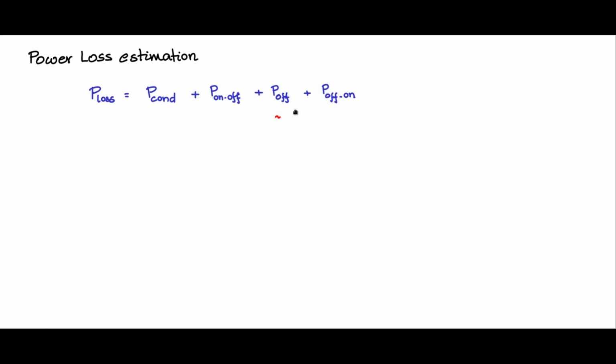And we have discussed that the power loss during the off state is almost zero, and the turn on loss is also almost zero, and therefore we can neglect it.